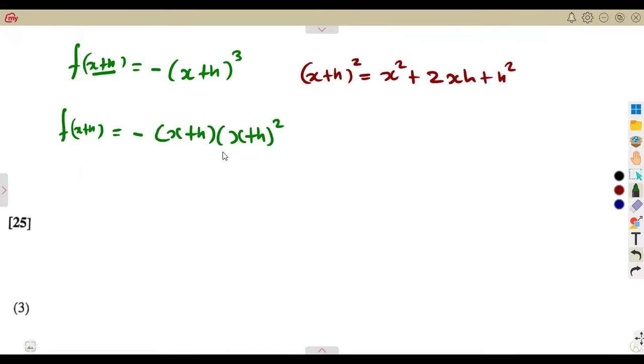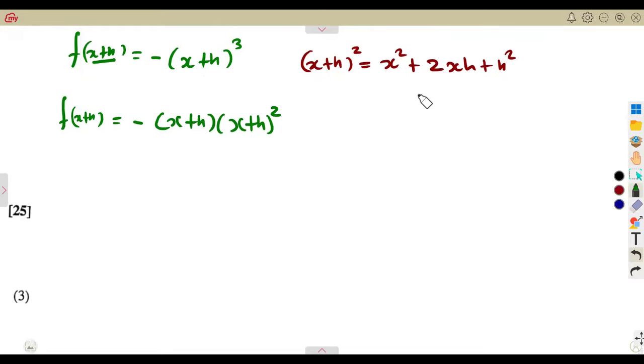Remember, if you're multiplying brackets like this, you can simply add the exponents because they are the same. 1 plus 2, which is 3. We haven't changed anything here. Only that we want the part which is easier for us to expand, the one that we are used to.